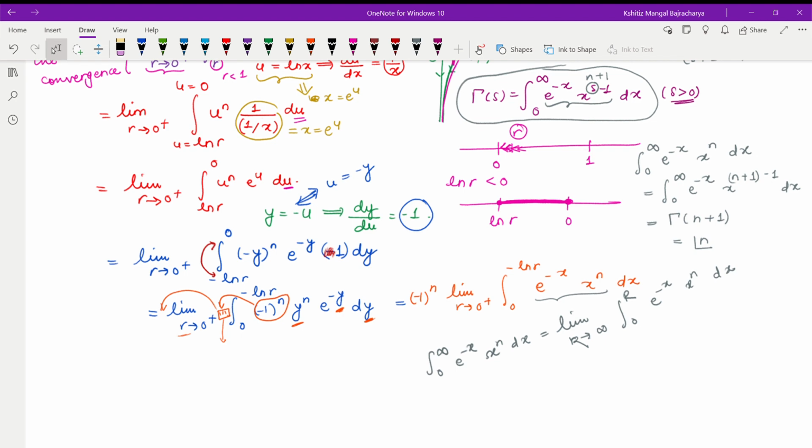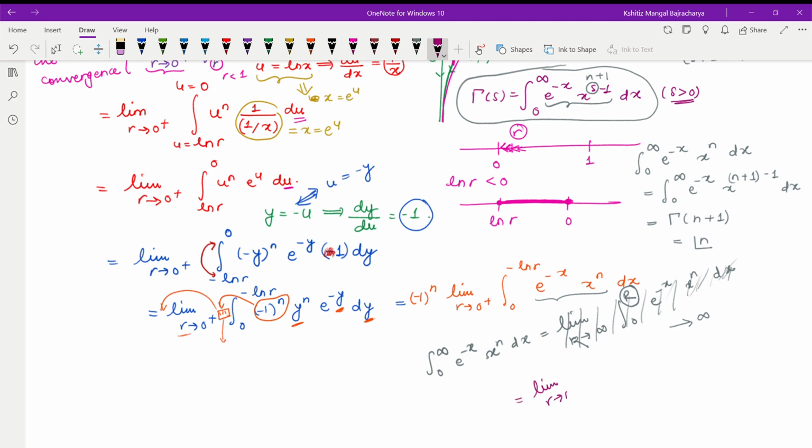Alright, or even more conveniently, we just need to make this upper limit tend to infinity. Okay, this upper limit tend to infinity. So instead of using this one, it will be more appropriate if we use this thing right here.